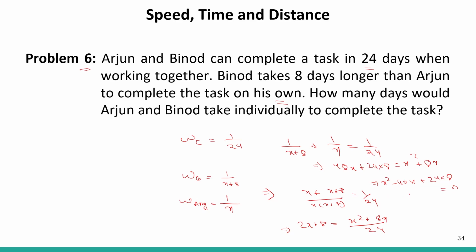Okay, so solving this quadratic equation, we are left with some x value. That will be the amount of time that Arjun takes to complete the task. So solving it using the Sridharacharya formula, x is equal to minus b, that is 40, plus or minus root over of 1600 minus 4 into 24 into 8, by 2.